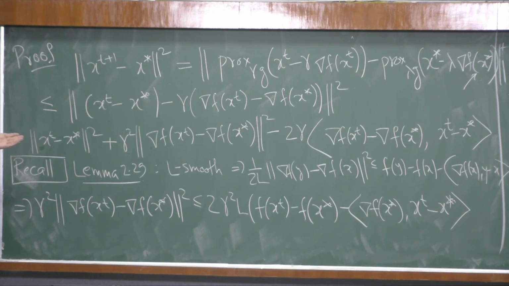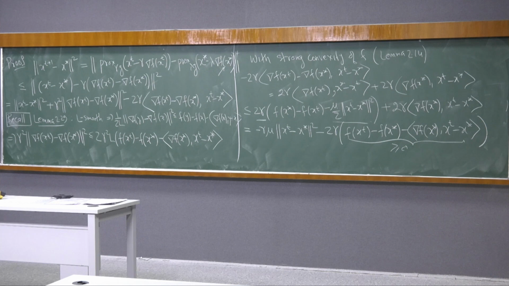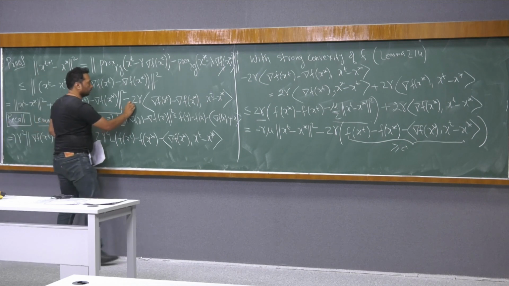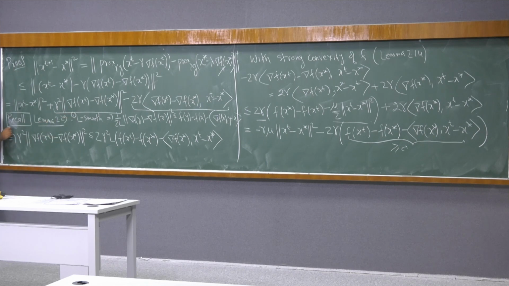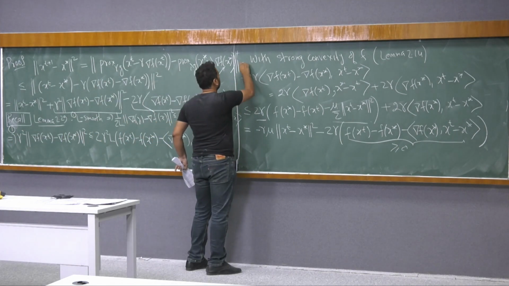This is convex again, the same argument, but now it is 2 gamma square L minus 2 gamma if I add, right? So these are the terms you are looking at, and we have bounded these separately. This is the first term bound we had, and we move this second term here.